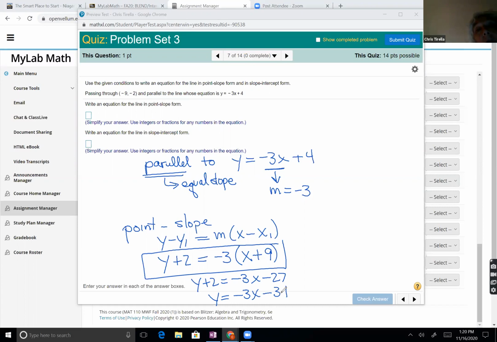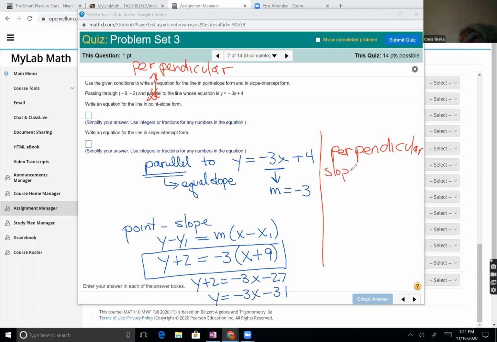And again, just in case, if this would have, instead of saying parallel, said perpendicular, you'd have to remember that for perpendicular, the slope is the negative reciprocal.